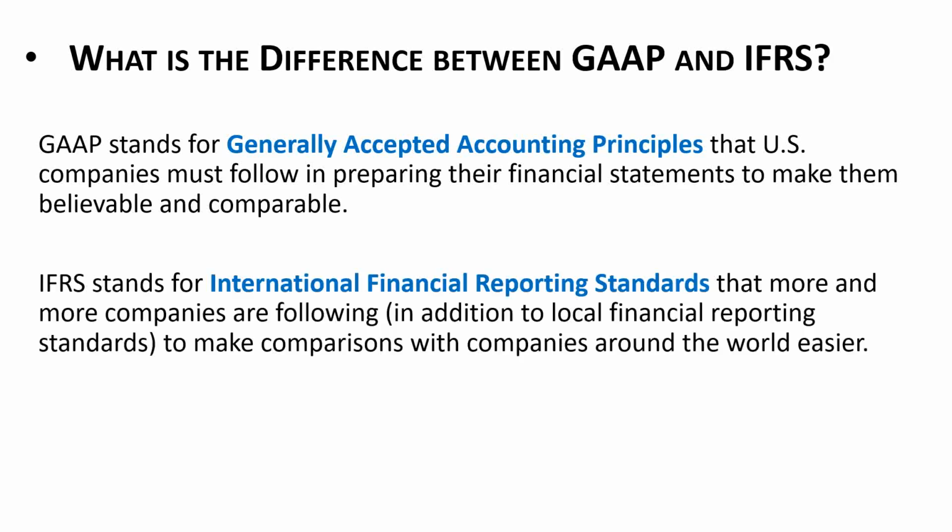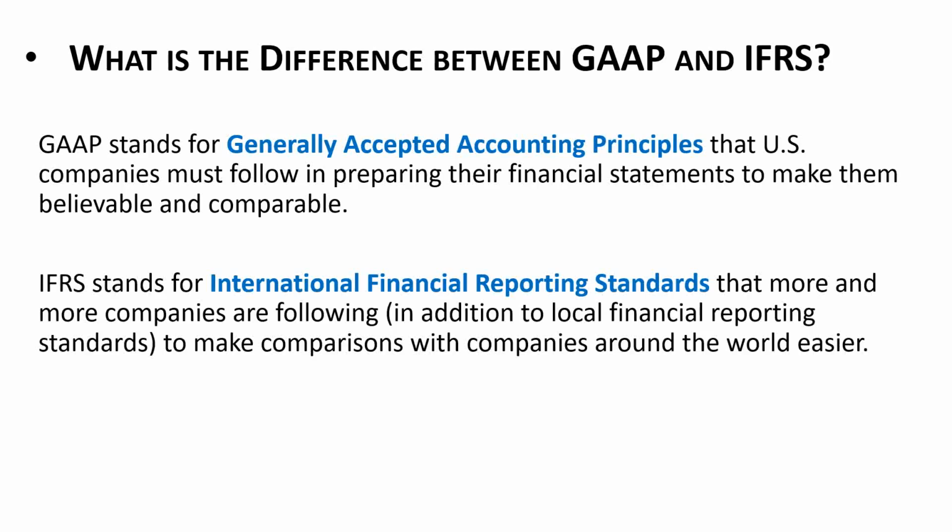Now over time we had something called IFRS, which stands for International Financial Reporting Standards, that more and more companies are following in addition to their local financial reporting, particularly if they want to go to international investors, right? To make comparisons with companies even around the world easier.